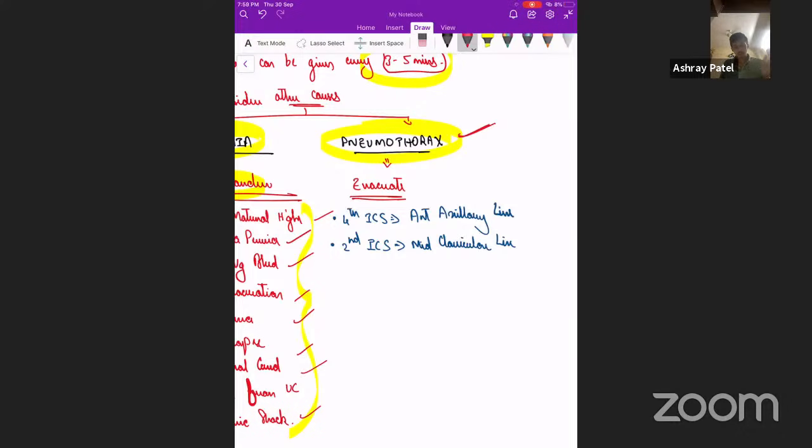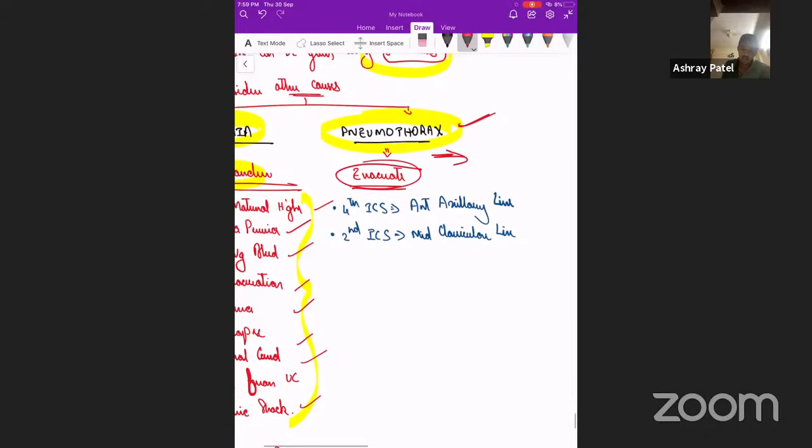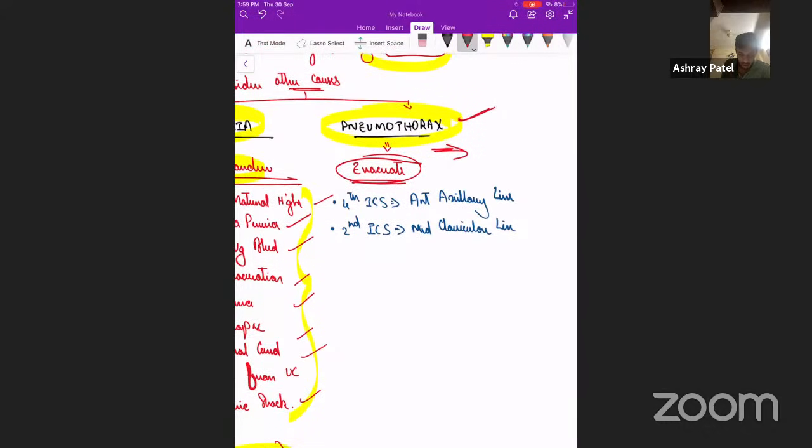In such circumstances, you know that there is pneumothorax. You'll have to take an immediate X-ray, confirm, and then evacuate the pneumothorax. If you're doing thoracocentesis at the fourth intercostal space, then the anterior axillary line is preferred. At the second intercostal space, the mid-clavicular line is preferred.